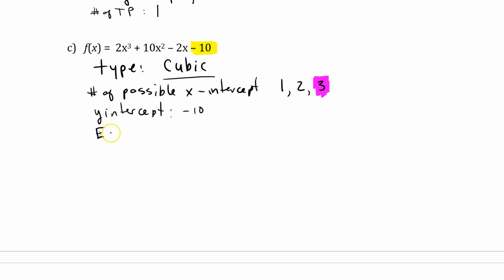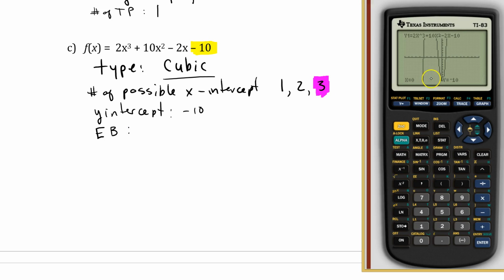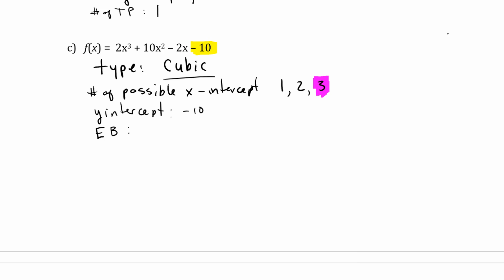The end behavior, it's going from quadrant 3 to quadrant 1. That's because the leading coefficient is positive 2.